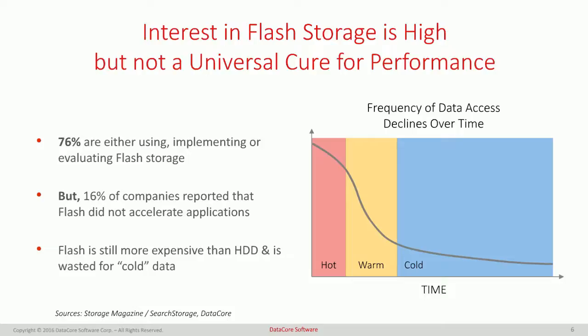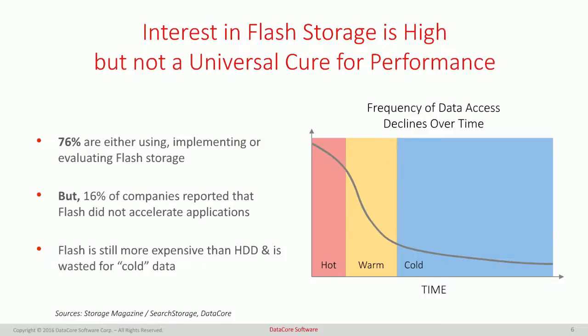In fact, about 1 in 6 companies reported that flash didn't really help. Also, while flash prices are coming down, we know that using flash for cold and infrequently accessed data is a waste of valuable resources, and the time and effort required to manually provision different tiers and different types of storage for individual applications is more work than you have time for.